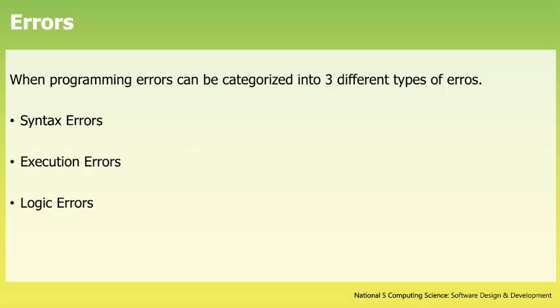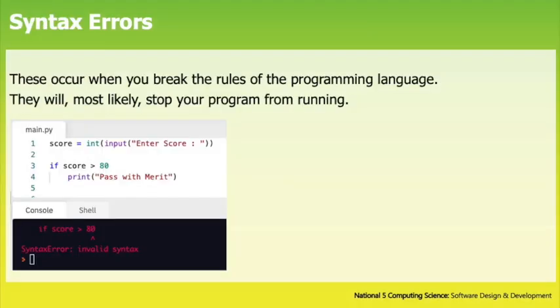So let's have a look at the errors first. When we're programming, errors can be categorized into 3 different types: syntax, execution and logic. So let's start with syntax errors. Syntax errors occur when you break the programming language. So you make a mistake within the way that you're writing the programming language.